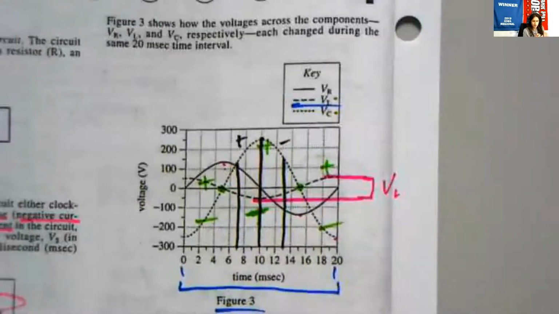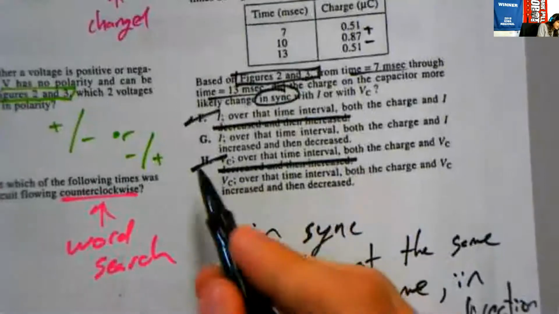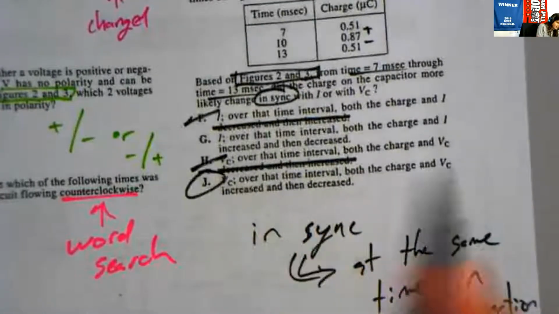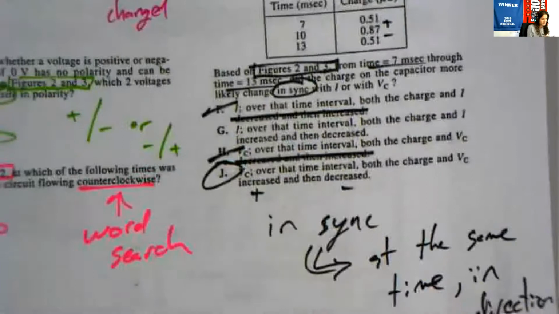So that's why we're going to go with the answer option J. VC, over that time interval, both the charge and VC increased and then decreased. Hopefully you're giving yourself little pluses and minuses when we're seeing things go up and down in tables, and we need to be making some sort of account for those.